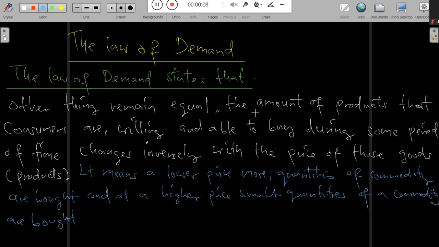The law of demand states that, other things remaining equal, the amount of a product that consumers are willing and able to buy during the same period of time changes inversely with the price of those goods or products. It means that at a lower price, more quantity of commodities is bought, and at a higher price, smaller quantities are bought.